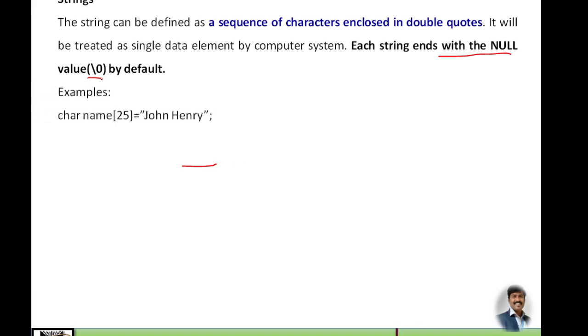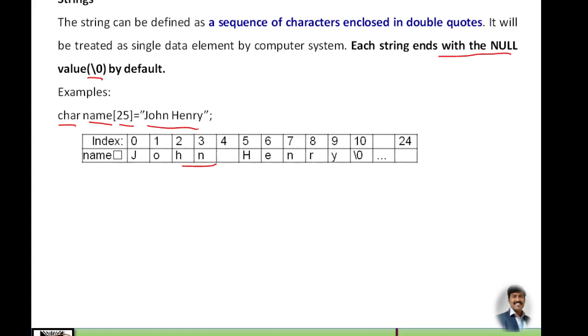Let us look at a few examples. Here I have declared name as a variable of type character, and this size indicates the maximum number of characters it can hold, and this is the value inside that variable.